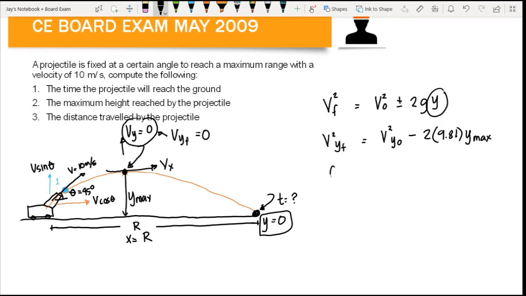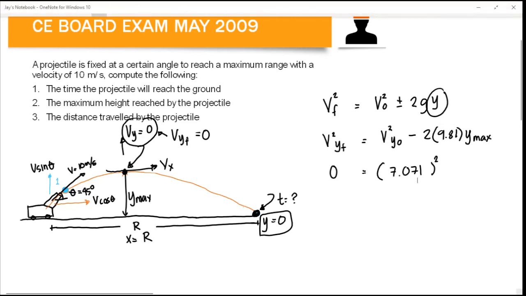That means we have 0 is equal to the initial vertical component of the velocity, from the formula again, we have this 10. We use the sine of angle 45 degrees. We already computed this one, that is equal to 7.071 if you remembered it from our previous problem.